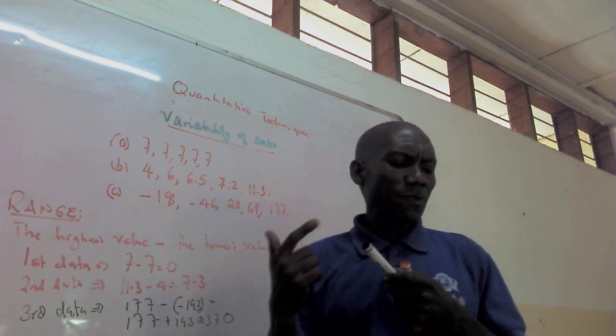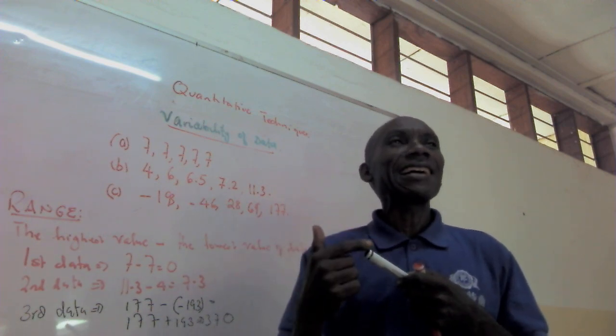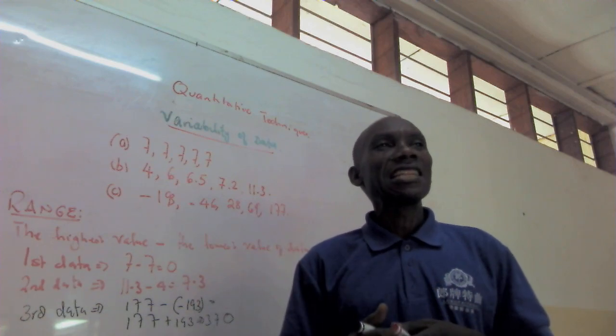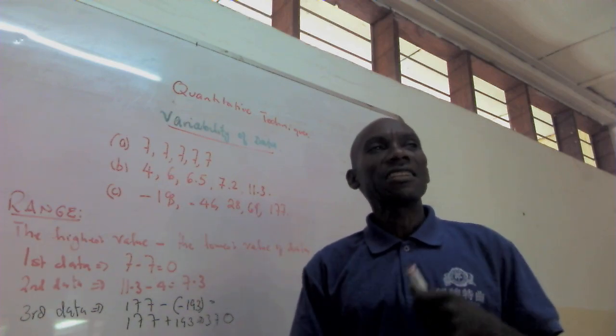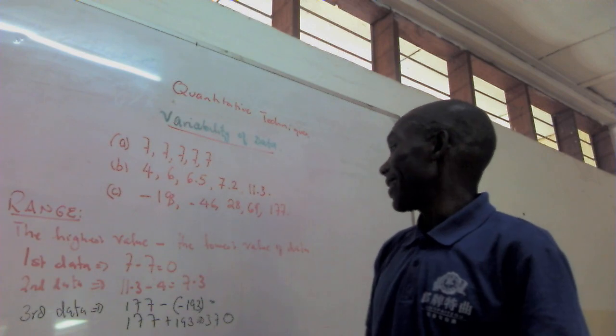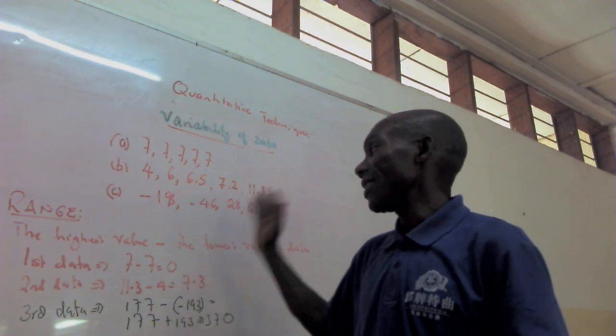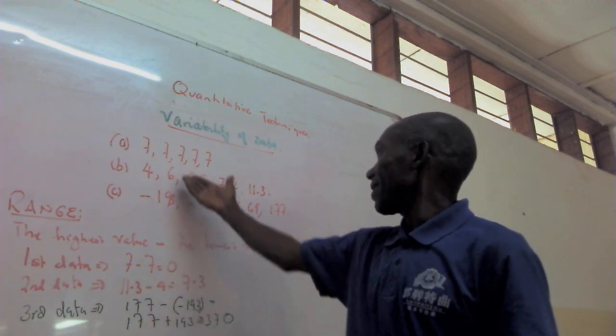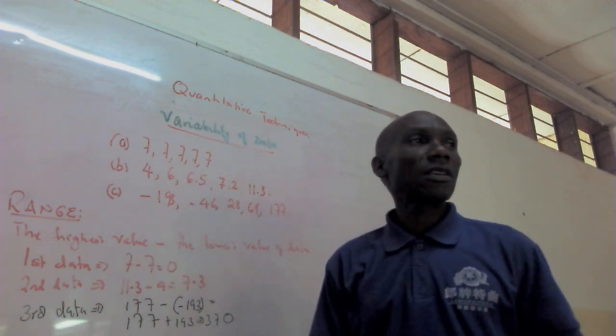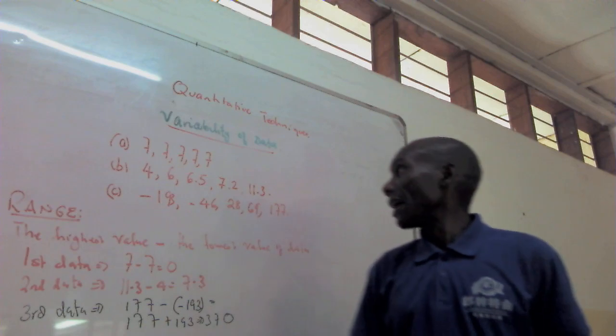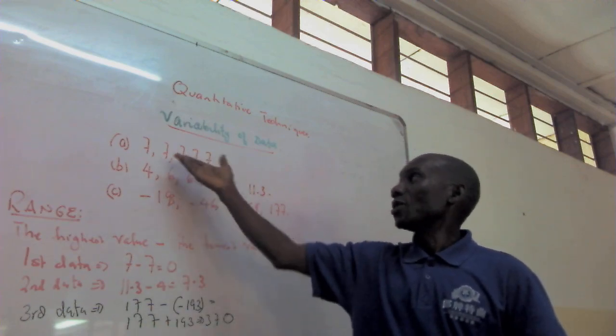Therefore, it's better we look at another way of doing it. This is what is called standard deviation. This one is 0, this one is 7.3, and it is giving us nothing.